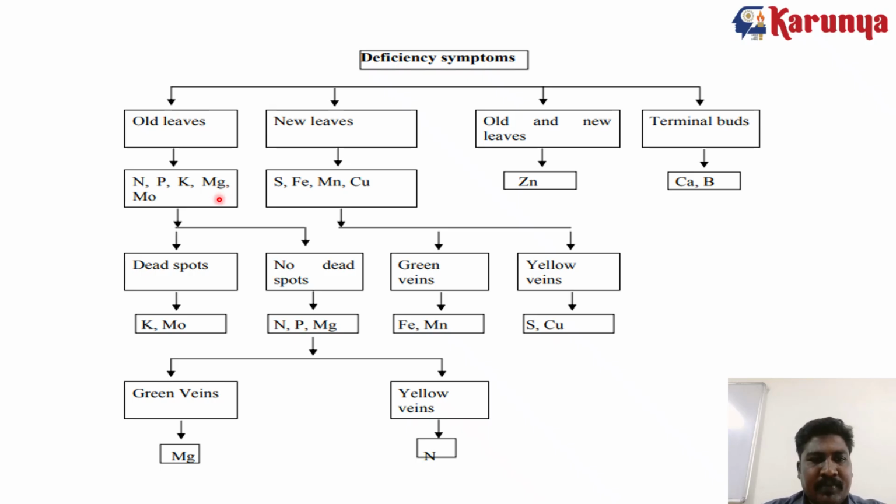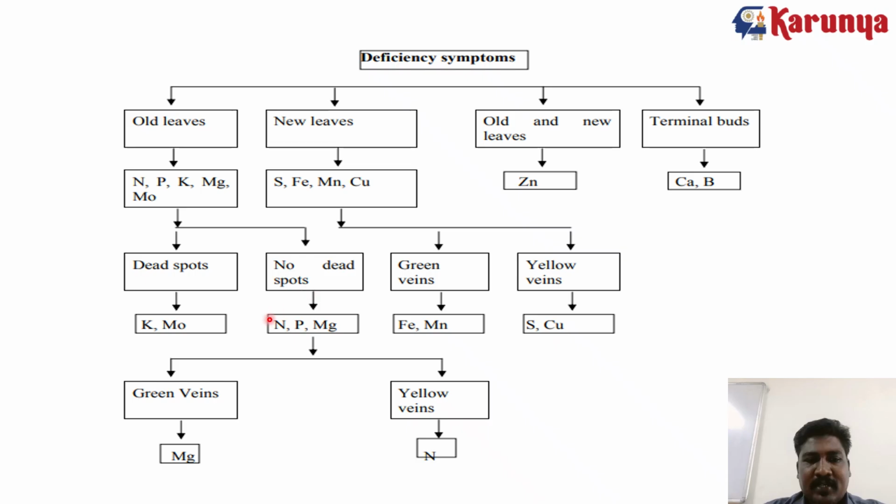So to differentiate those things, you have to see some key points, that is whether dead spots are available or no dead spots, as well as sometimes you can check the vein color, either green or yellow veins. So according to the dead spot and no dead spot, see here, potassium and molybdenum are producing dead spots and other nutrients are not producing dead spots.